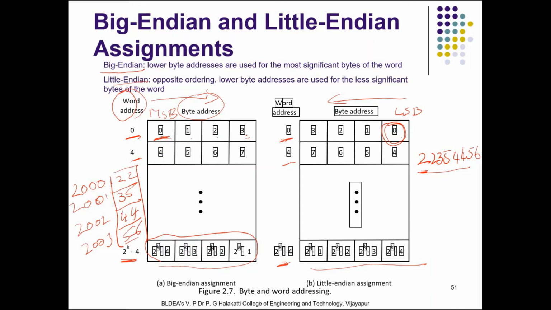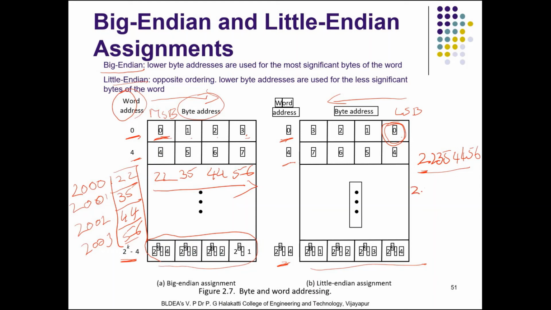So if I'm trying to show this from left to right, it will be 22354456, left to right. Okay, and the same number, if now I want to store it in the little endian format.